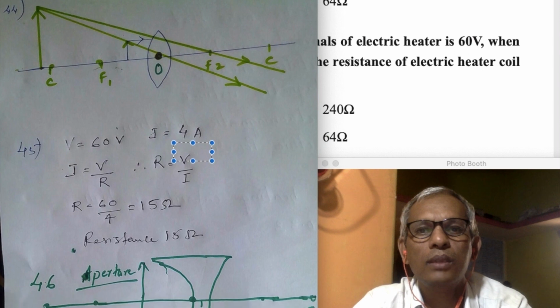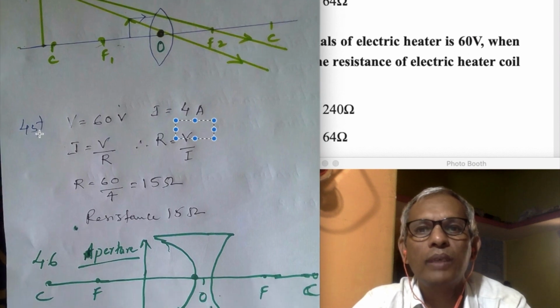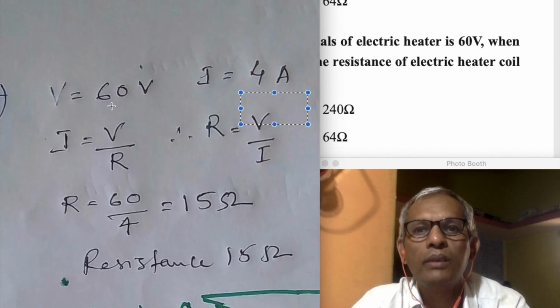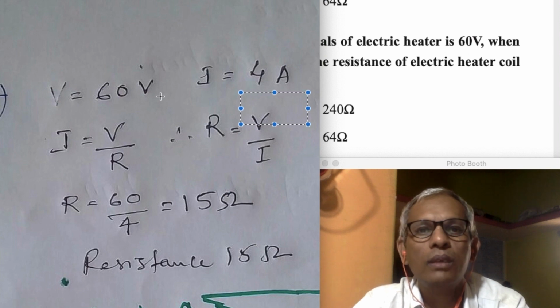So see this diagram 45. The voltage they have given, see the cursor here, V is equal to 60 volt. The voltage across which the heater is connected is 60 volt, and the current it is drawing is 4 ampere, I is 4 ampere.